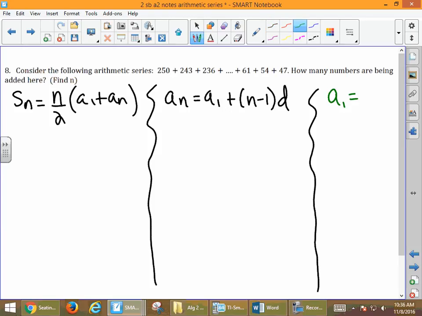Anybody? Got it? 250. And then the common difference, we have to figure it out. Gordon? It's going to be 7. And let's just look at our math here for a second.